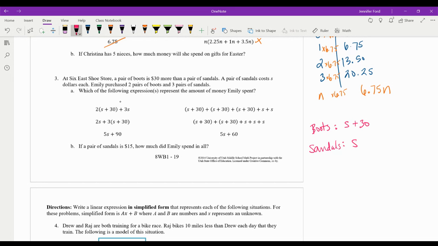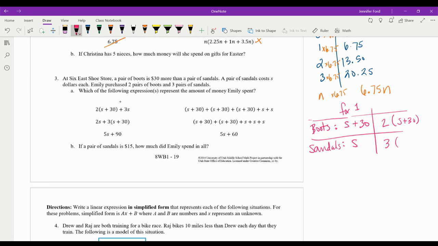Okay, this is like for one. But she doesn't buy one. She buys 2 boots. She purchased 2 pairs of boots, so she's going to get 2 things that cost S plus 30. And she's going to buy 3 things for sandals.